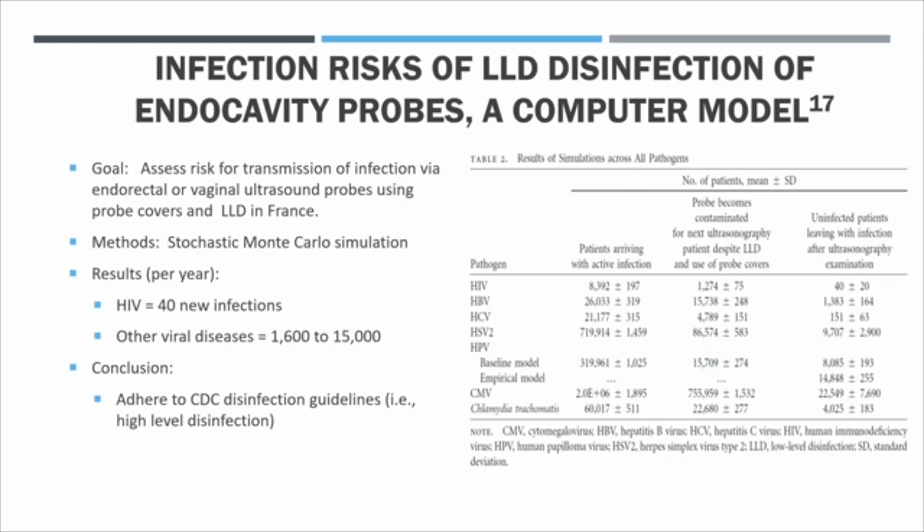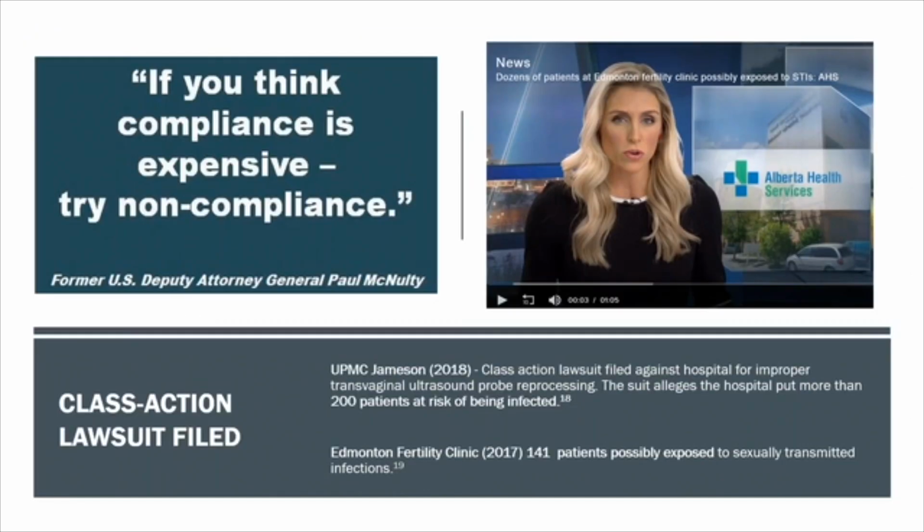So a variety of viral and bacterial pathogens would remain on a used probe that could infect the other patient, and as you've seen in this modeling study, lead to a substantial number of infections in a country about the size of France. So if you think compliance is expensive, certainly try non-compliance.